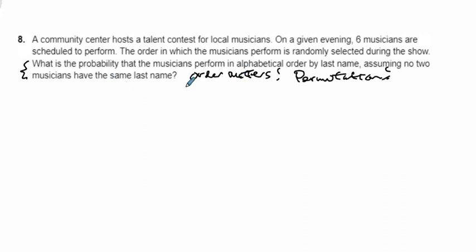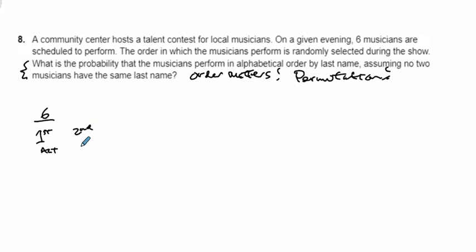So you've got 6 musicians, and the order in which they're performing matters, because we're trying to see if it will be in alphabetical order. So for the first act, there's 6 choices.